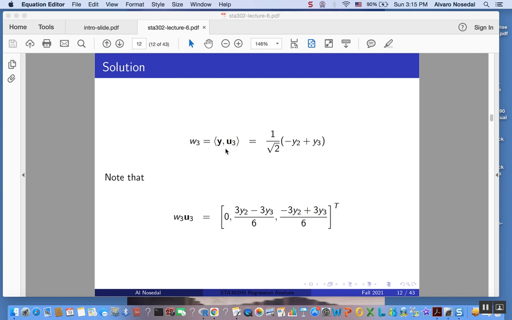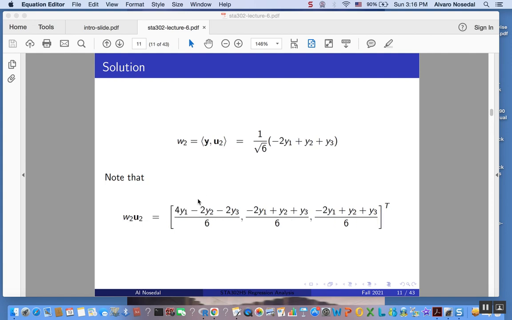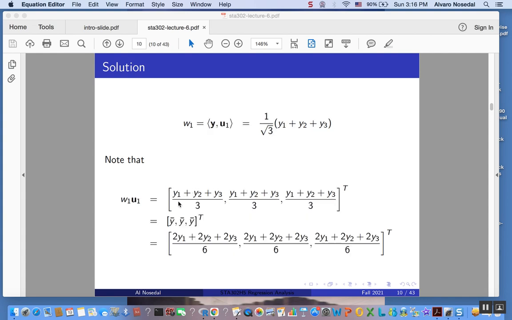It works that easily because we have an orthonormal basis. u1, u2, and u3 are orthogonal, and their norms are 1. Okay, and now let me just show you that the first coordinate is what we want. So you have y1 plus y2 plus y3 over 3.